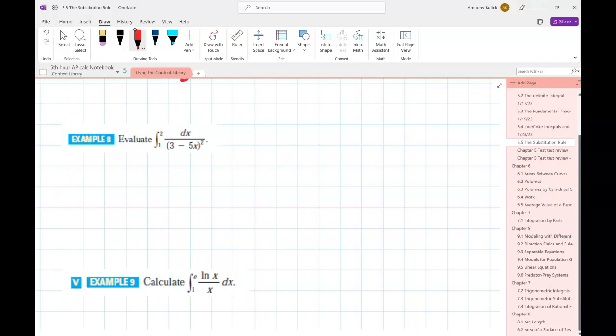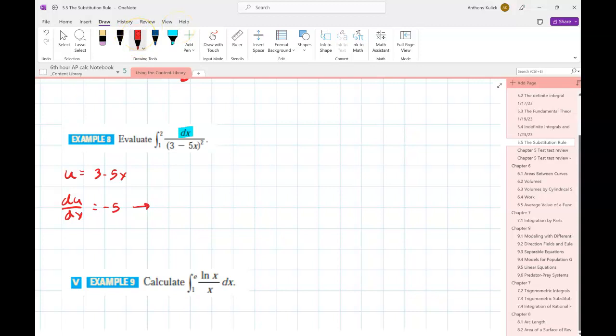All right, what do we pick for u? 3 minus 5x, I agree. You could even pick 3 minus 5x squared if you wanted to. That would be okay also, but I probably wouldn't do that. So the derivative there is -5. My leftover is just going to be dx, right?